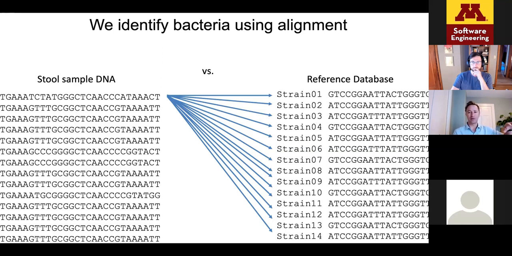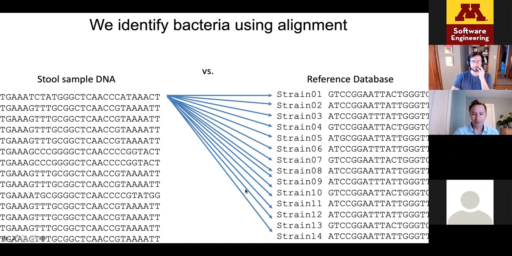And then we compare those to a reference database. And this is going to come up later when we dive into some computational methods. How do you actually do that comparison? It's a very fundamental problem in computer science and in bioinformatics. It's sort of like string search, string matching.